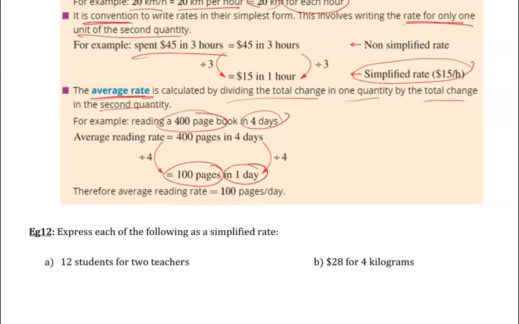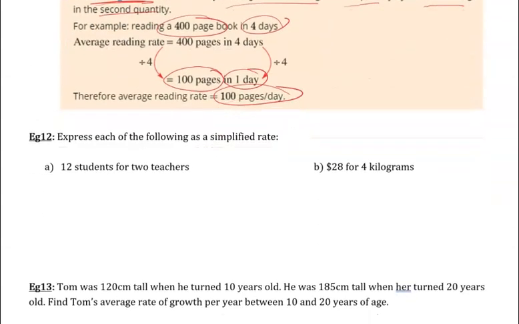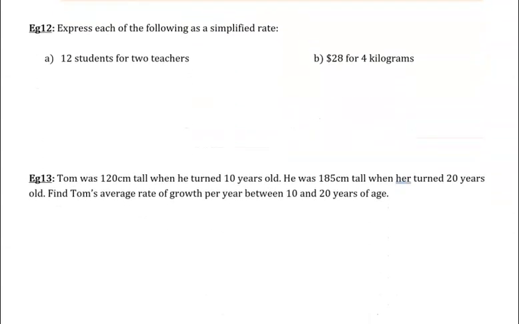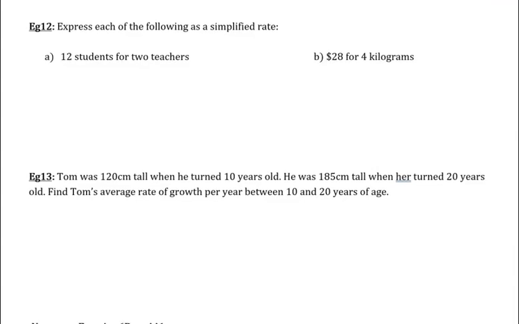Maybe I have more time one day and I read 110 pages. Maybe I have less time the next day and I read 90 pages. But the average rate is 100 pages per day, which is expressed as 100 pages slash day. So if you see a slash, we're dealing with a rate. And again, a rate is different units, which is why we need to put the units on there.